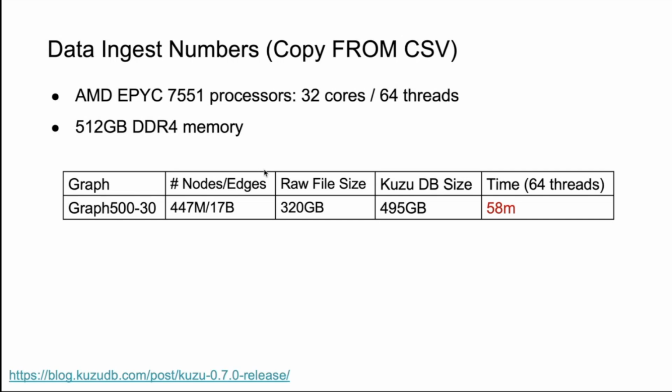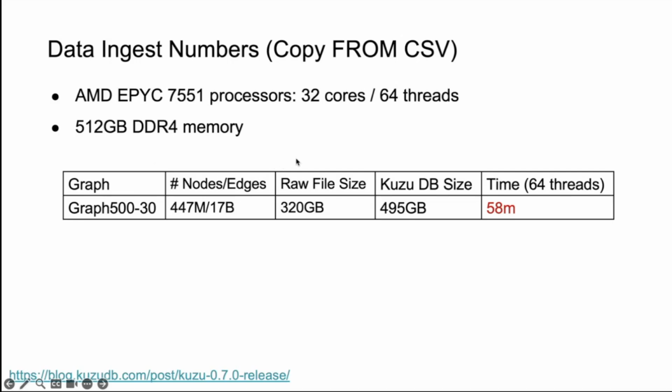And here's an example that I like showing people. This is an experiment demonstrating our data ingestion speed on the largest graph database in the LDBC graph analytics benchmark that has 17 billion edges and roughly half a billion nodes.